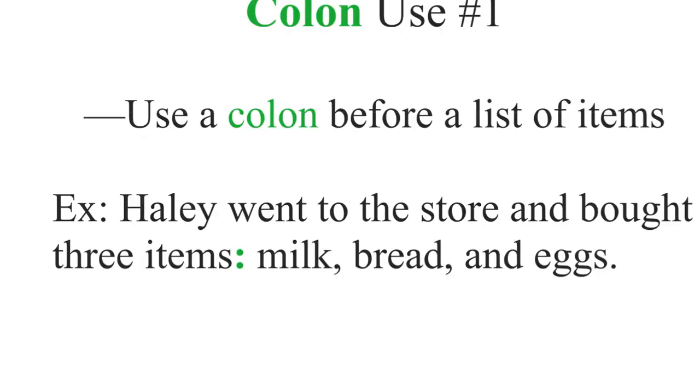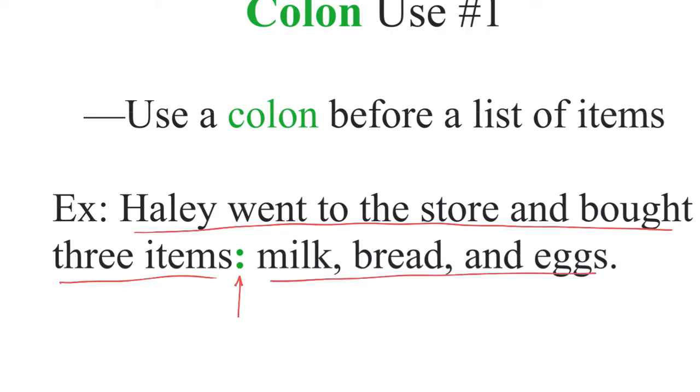So what does that mean? Well, let's look at that first use. Use a colon before a list of items. So here's the left side of the quotation. Haley went to the store and bought 3 items. Well, that makes the reader want to know what the 3 items are. The colon makes that clear, that yes, you should be wondering what those 3 things are, and I'm about to tell you.